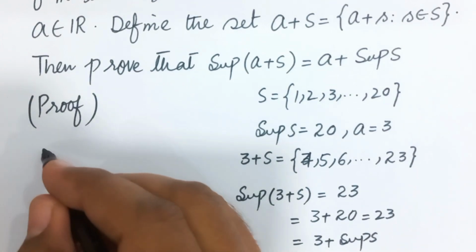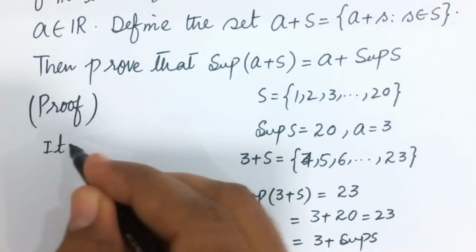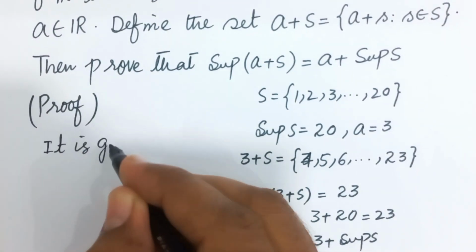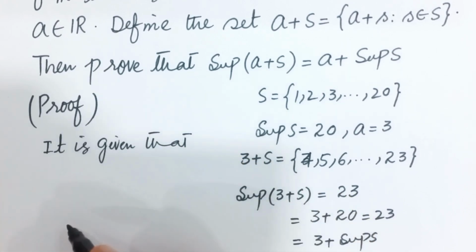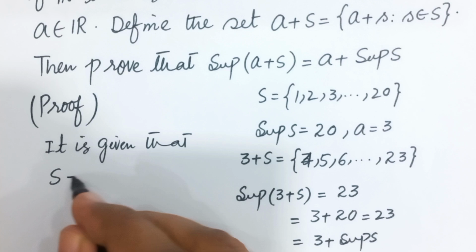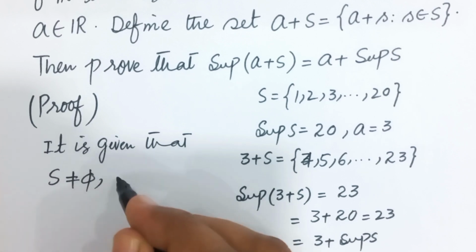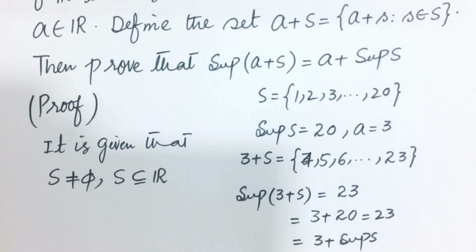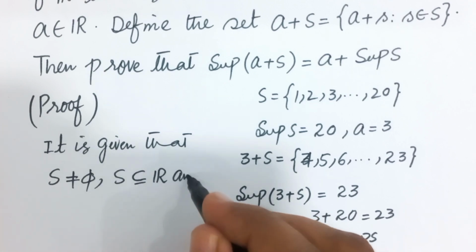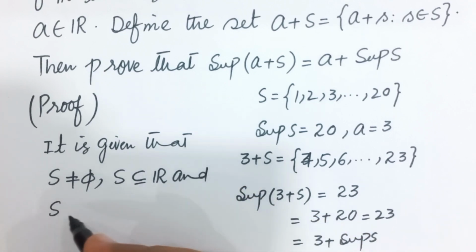Since it is given that your set S is non-empty, S is a subset of R, and S is bounded above.